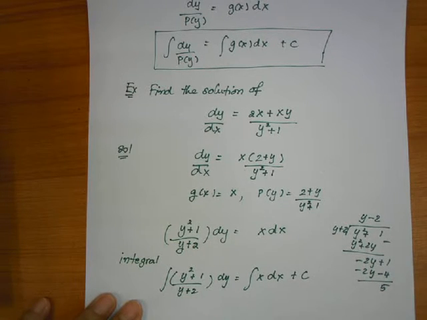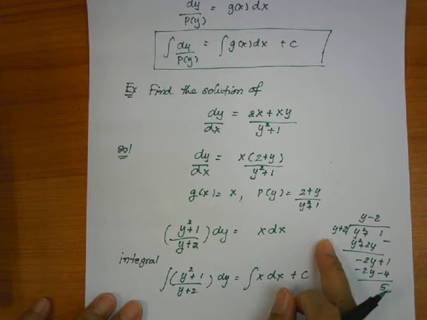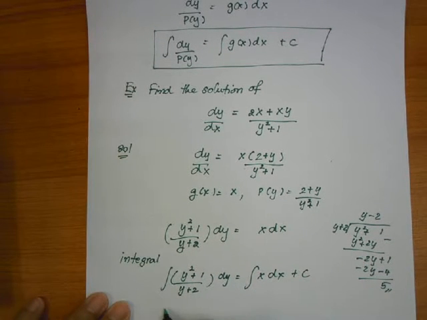Now 5 is 5 times y to the power of 0, so it's already lower in power than y. Then we would get y minus 2 plus 5 divided by y plus 2, dy.